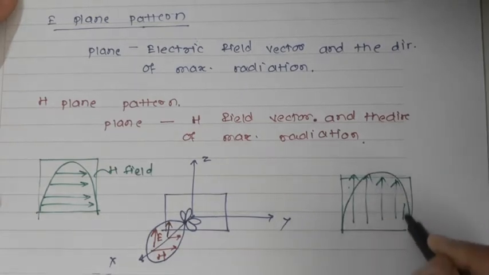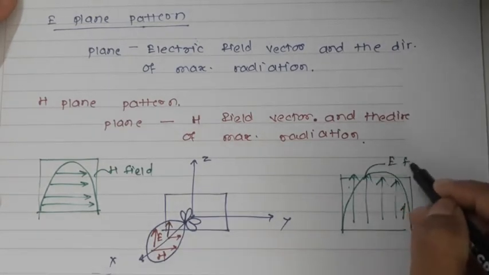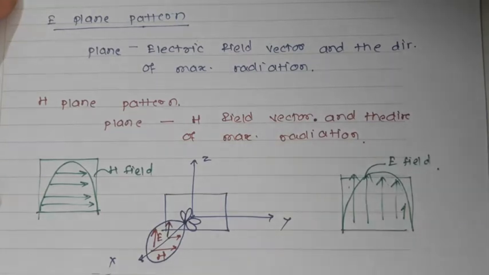The maximum radiation is along the x-axis. The electric and magnetic fields of the wave radiated by the horn are in the Z direction and the Y direction respectively. So here we can see the H field and the E field of the horn antenna.